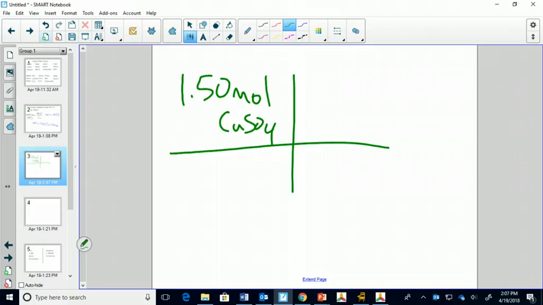What if I told you that number was 159? Just trust me. Where would I put that, on top or on the bottom?